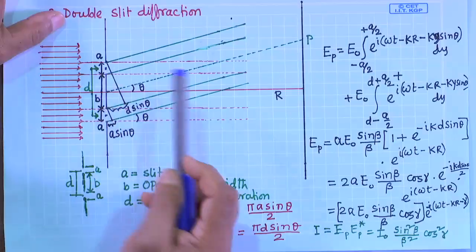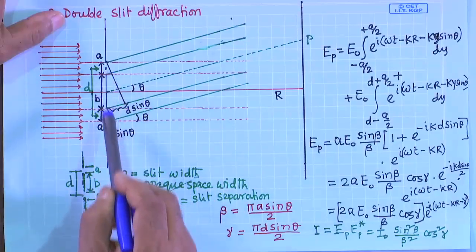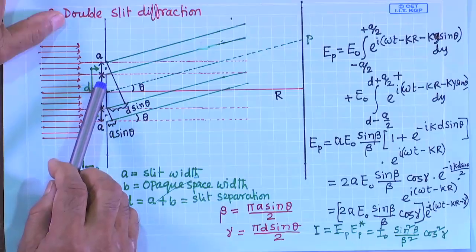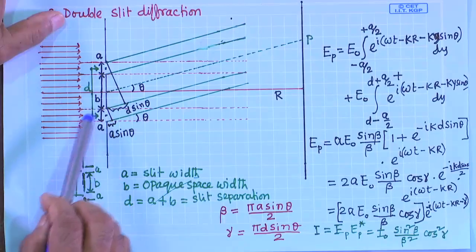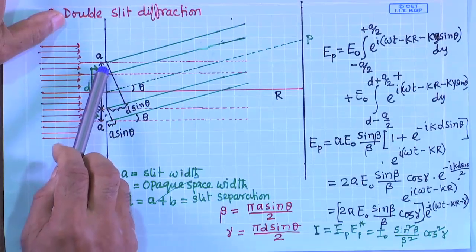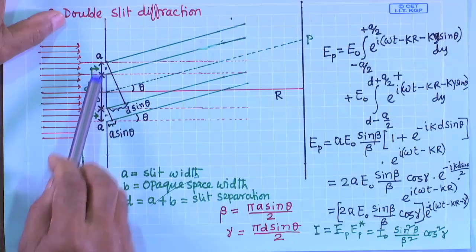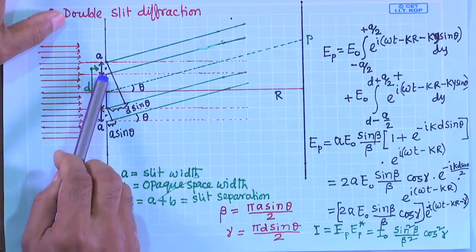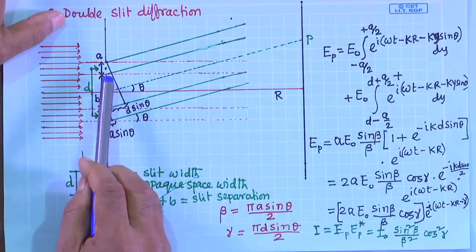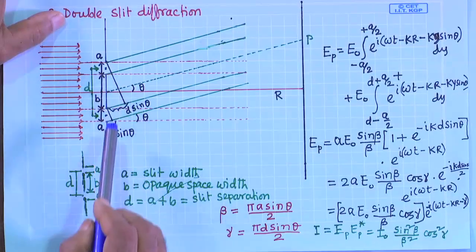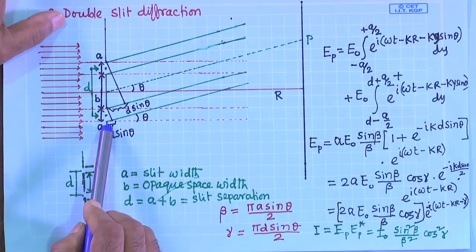Now for the other slit we can integrate as well. For this slit width, D is the slit separation, which is b plus half a by 2 plus half a by 2.